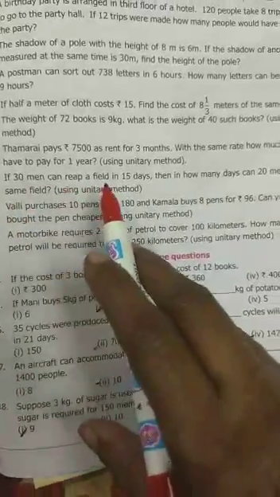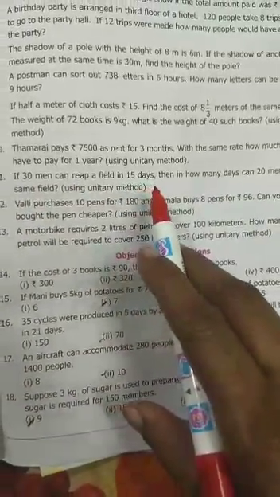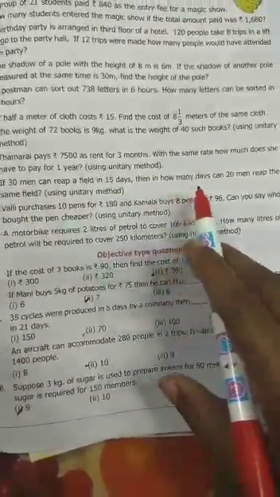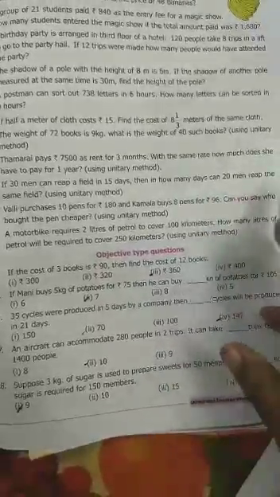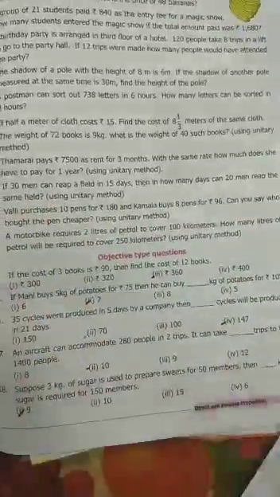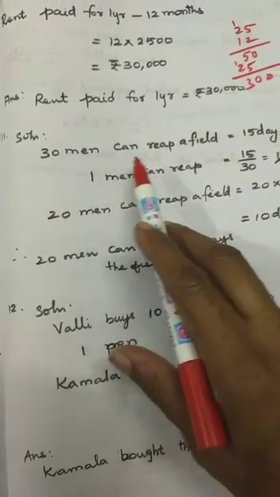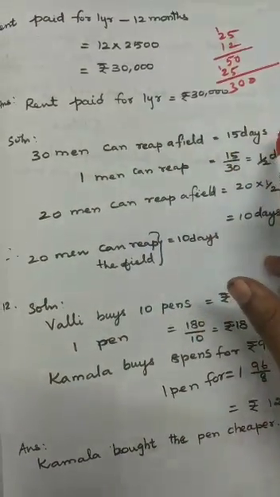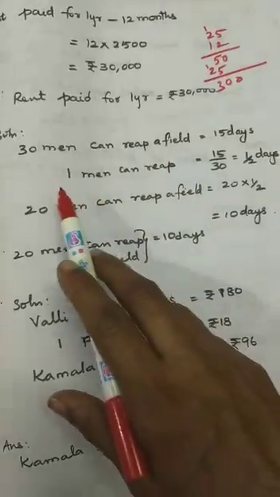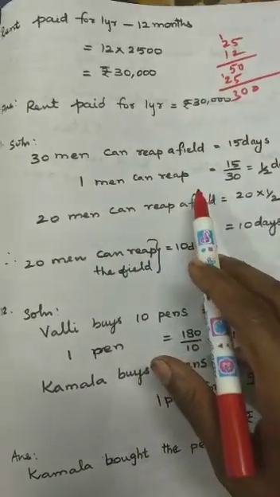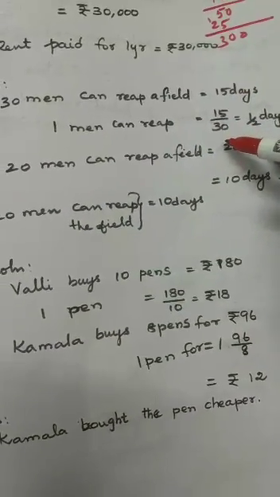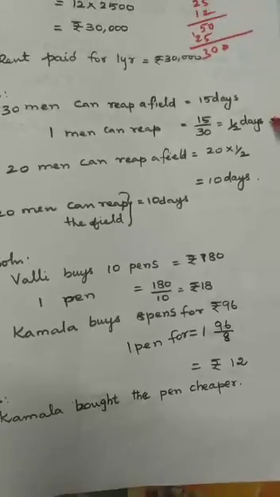If 30 men can reap a field in 15 days, then in how many days can 20 men reap the same field? Okay. Using unitary method. 30 men can reap a field in 15 days. Then 1 man can reap a field in 15 by 30, that is half day.